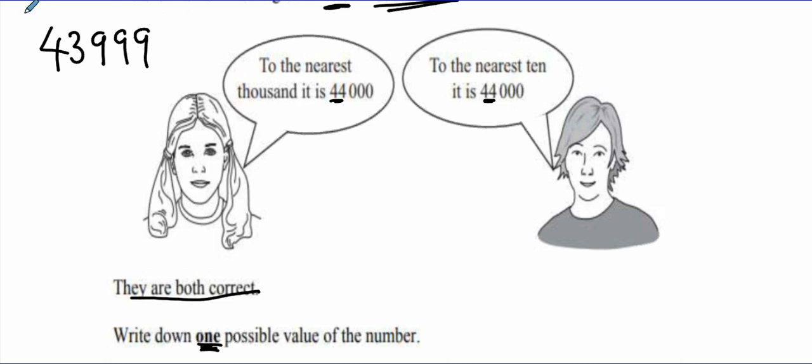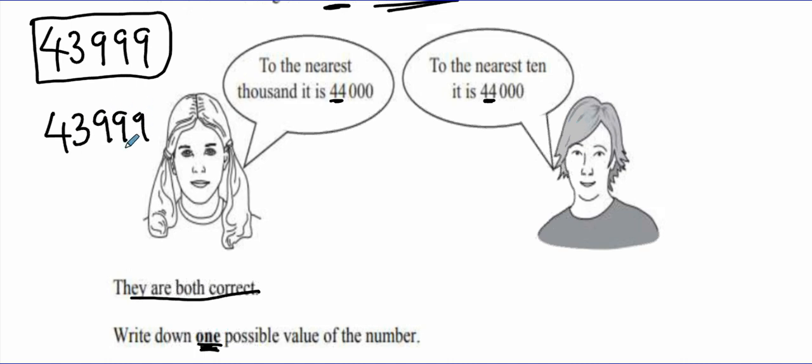This is the number they're talking about. Now let us start with Mia. 43,999. According to Mia, if you round this number to the nearest thousand, let us see if we get 44,000.